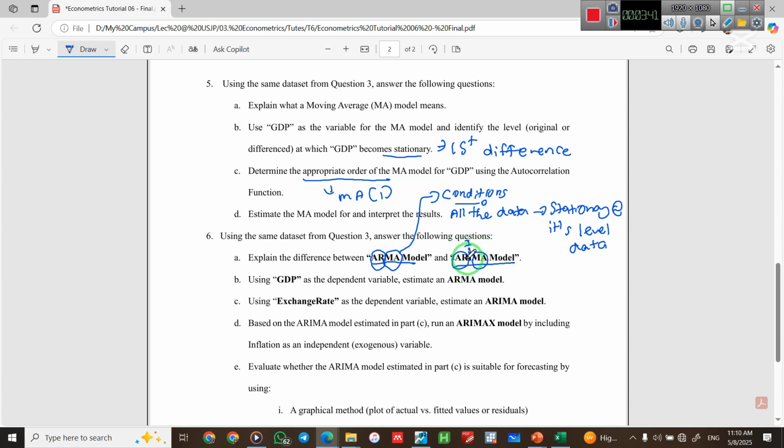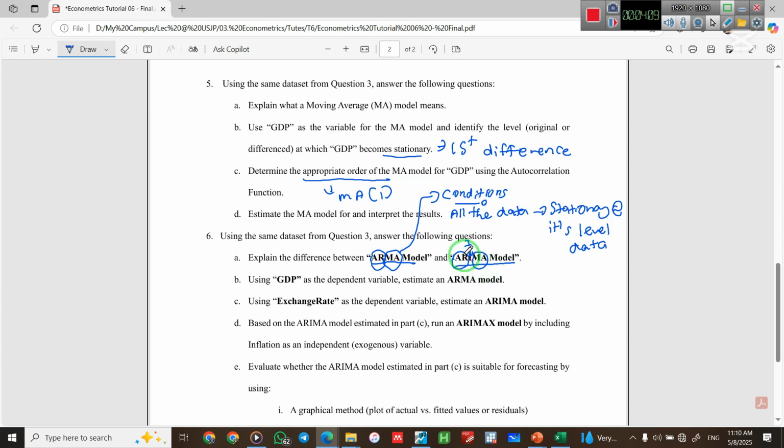In the ARIMA model, simply, in the ARMA model we know that you can't run the ARMA model if the data are not stationary at level data. So to run the ARIMA model, data should be stationary at their differencing level. That means the data should be stationary either in the first difference or in the second difference. So then only you can run the ARIMA model.